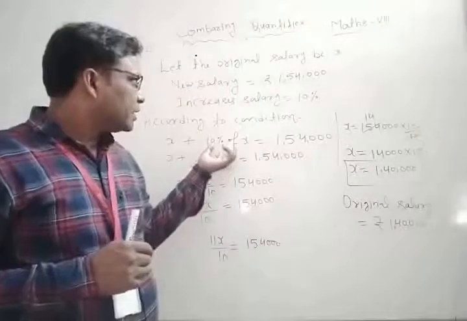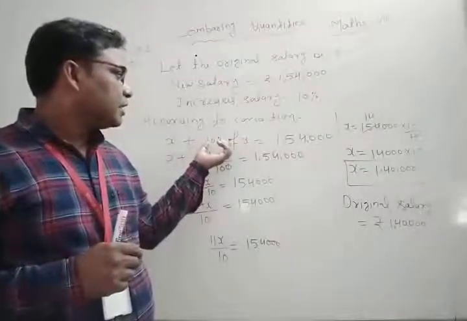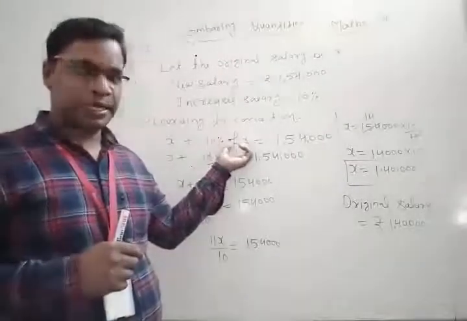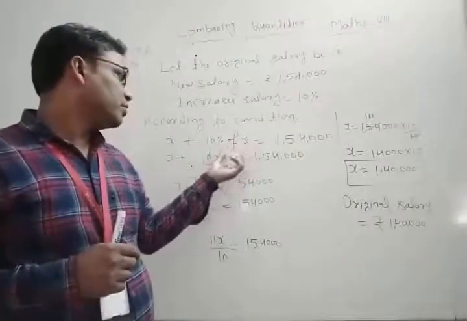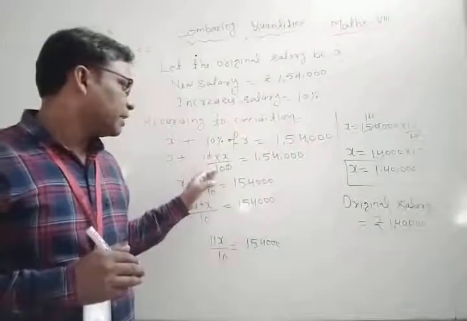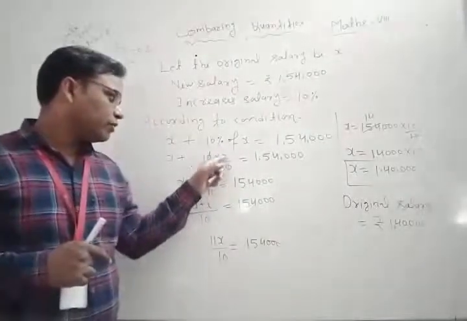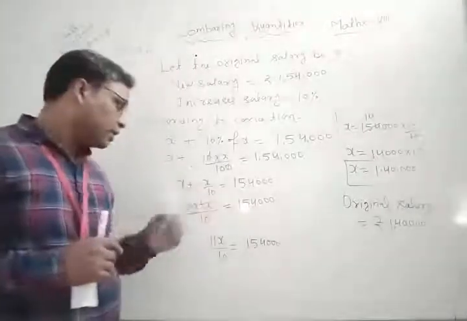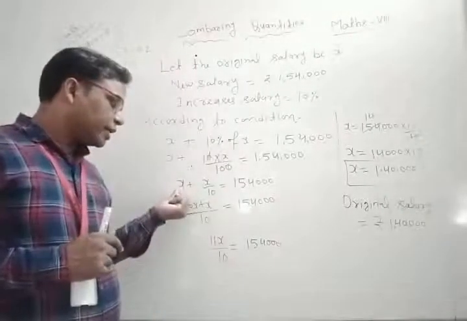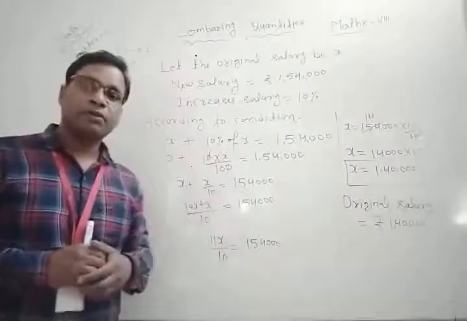The increased salary is 10% of x, which is 10 by 100 into x. Then we can cancel the zeros, and write x plus x by 10 equal to 1,54,000.